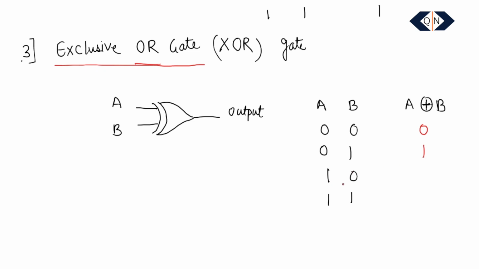In this case, for A the input is 1, for B the input is 0, so we will get 1. But in the fourth case, A is 1 and B is 1, so we will get our output as 0.